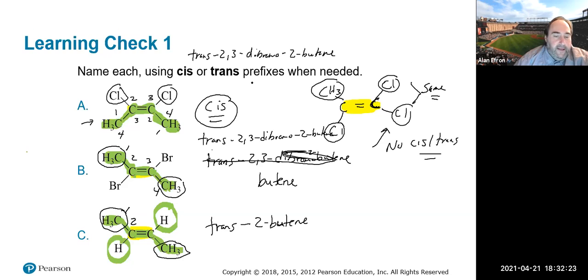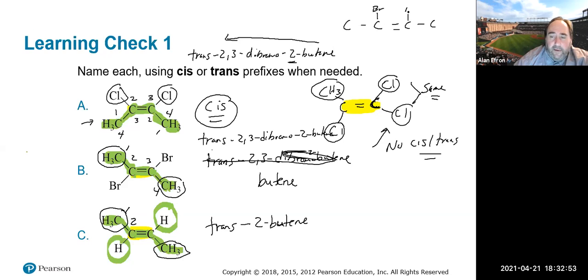What is the best way to draw it to show cis or trans? Well, the best way to draw it is to actually probably draw it twice. The first way, you're just going to draw it like normal. And so butene would be, I'm going to lay up 4 carbons. Having the 2 there, which we should have, would be the double bond, would be at carbon number 2. 2,3 dibromo means at carbon 2, there is a bromine.